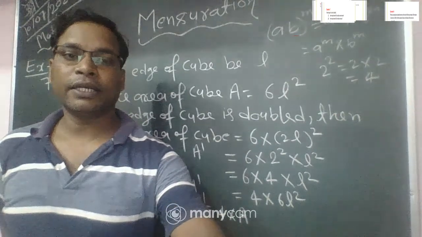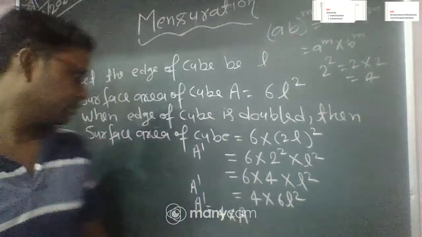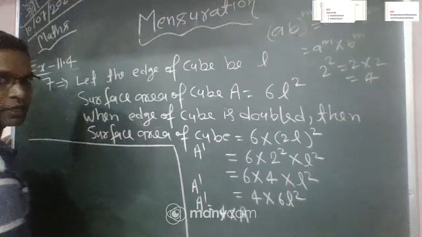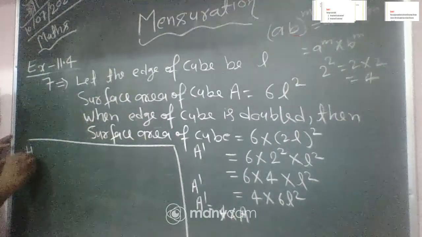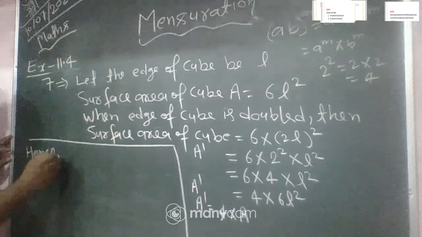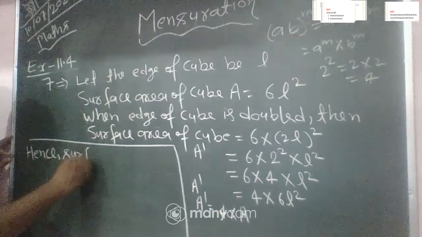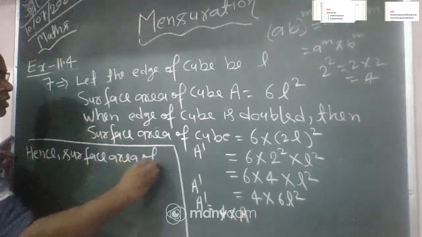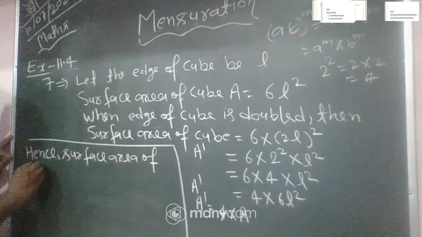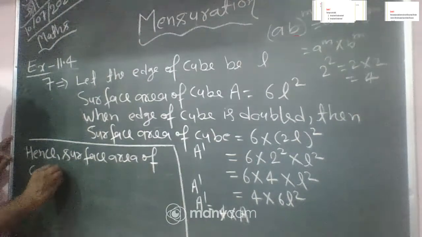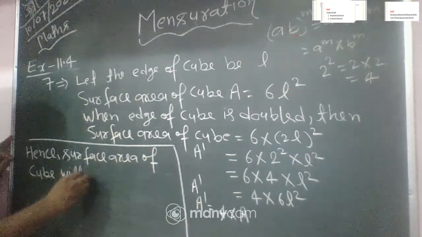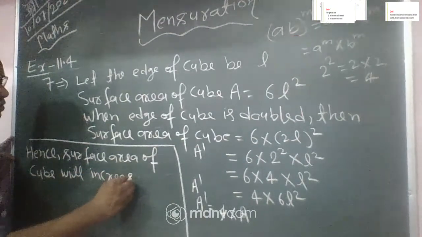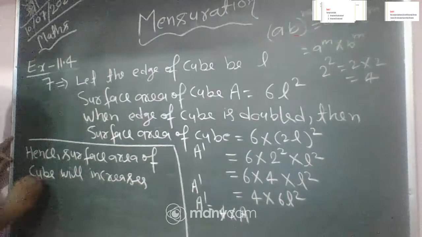So you can write, hence, the surface area of the cube will increase 4 times.